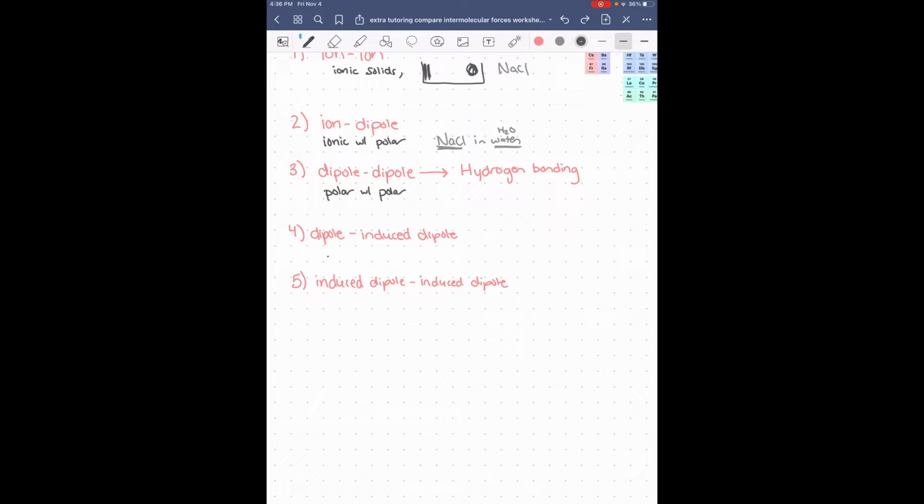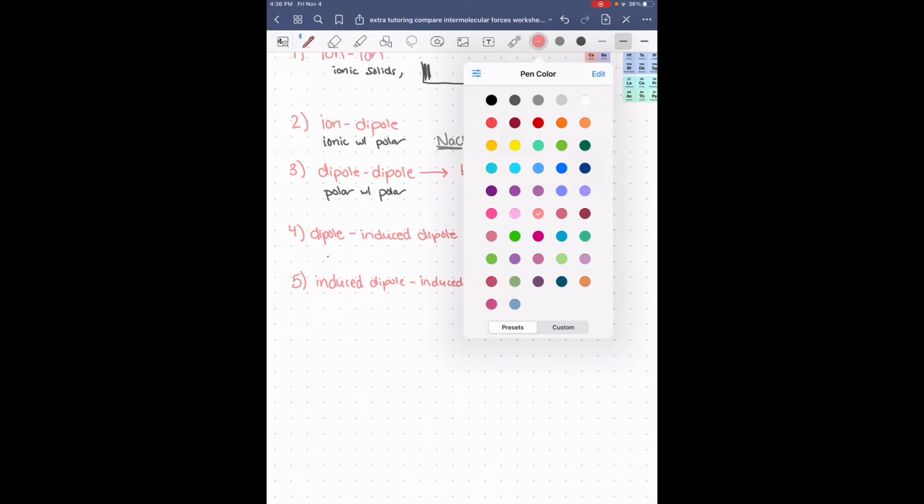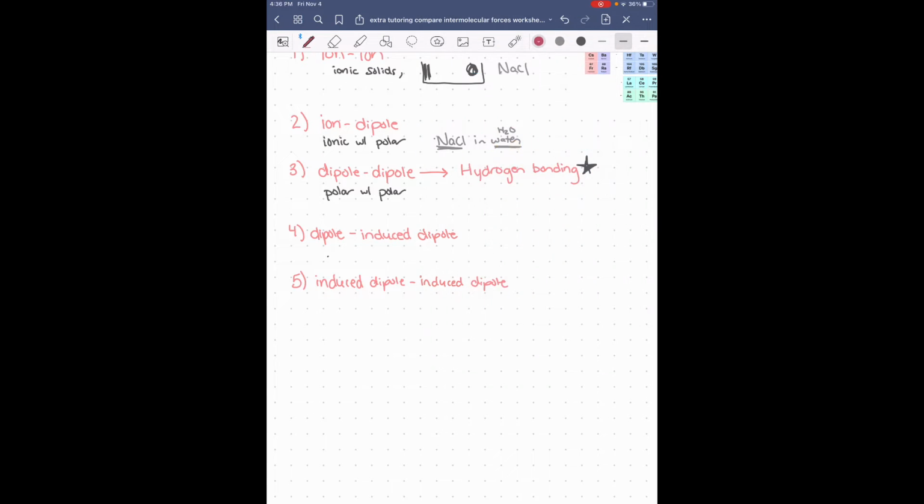And then a specific type of dipole-dipole interaction is your hydrogen bonding, which is stronger than normal dipole-dipole interactions. And you have 2 requirements for that. It must be polar, and it must be hydrogen bonded to an F, O, or an N, which are freaks of nature.